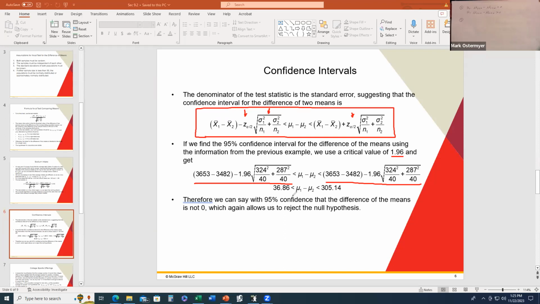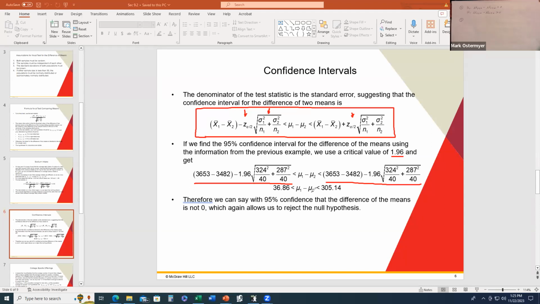And so, ladies and gentlemen, we get our confidence interval here. And so we are 95% confident that the mean sodium intake for men is different than the mean sodium intake for women.